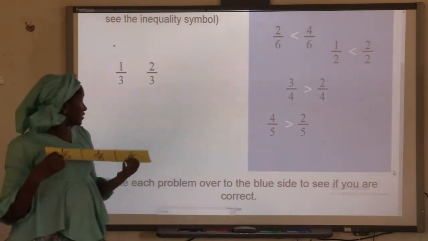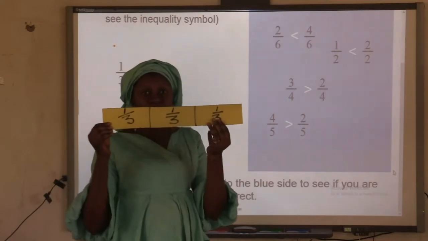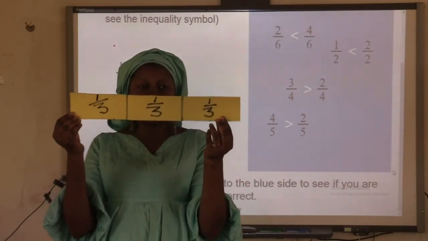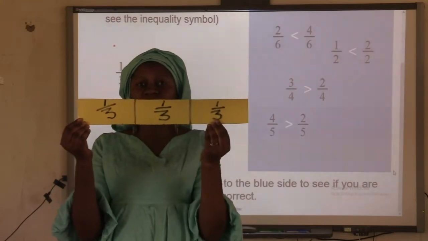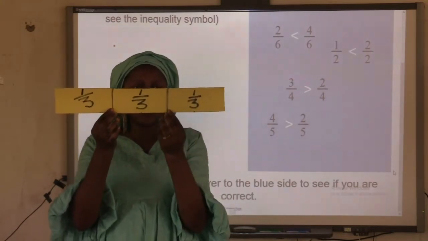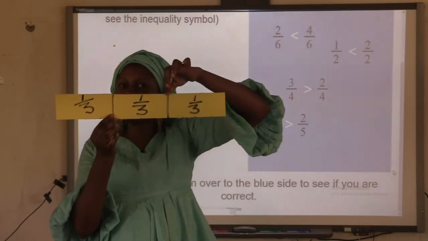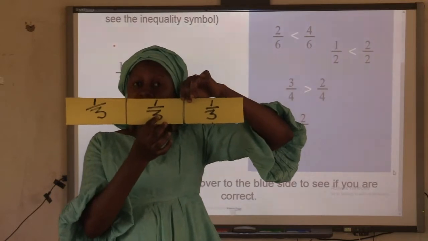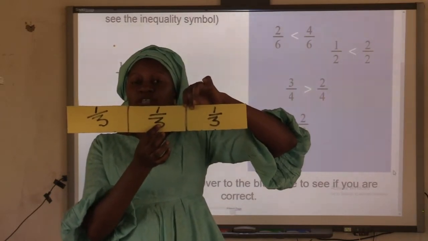I will show you that using this chart. This is a whole which is divided into 3 equal parts. Here is 1/3, and this portion here is 2/3. That is 1/3 plus 1/3, which is going to give you 2/3.